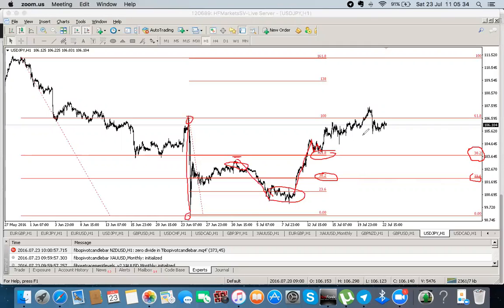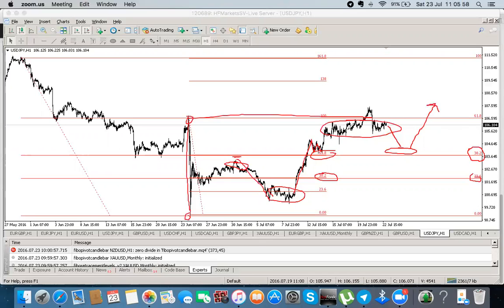The market is trending and it's reacting to this zone, but still consolidating below that. So most probably the market is going to take support once again on this zone before it continues upward on the US dollar yen, okay, at the moment.